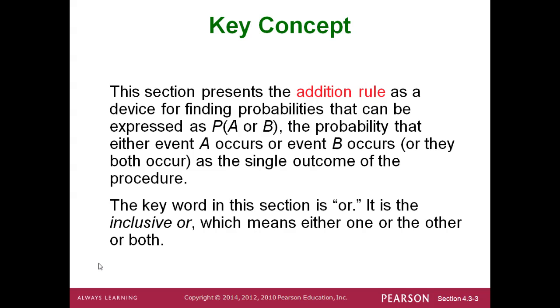Either event A occurs or event B occurs, or they both occur, as a single outcome of the procedure. The key word is OR. This is an inclusive OR, which means either one or the other or both.